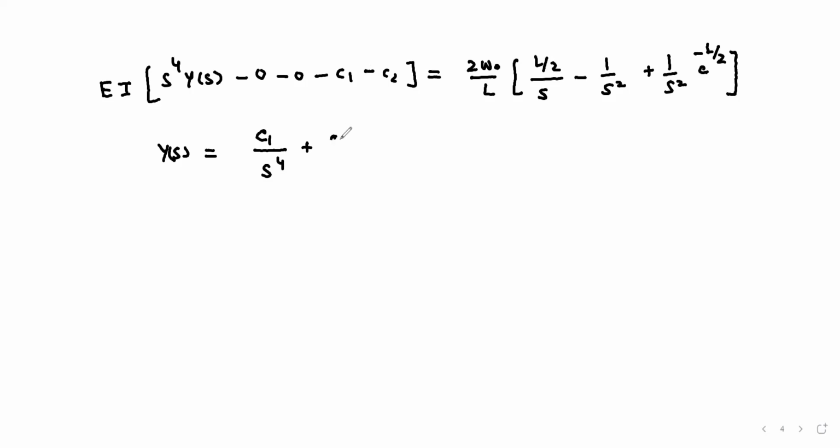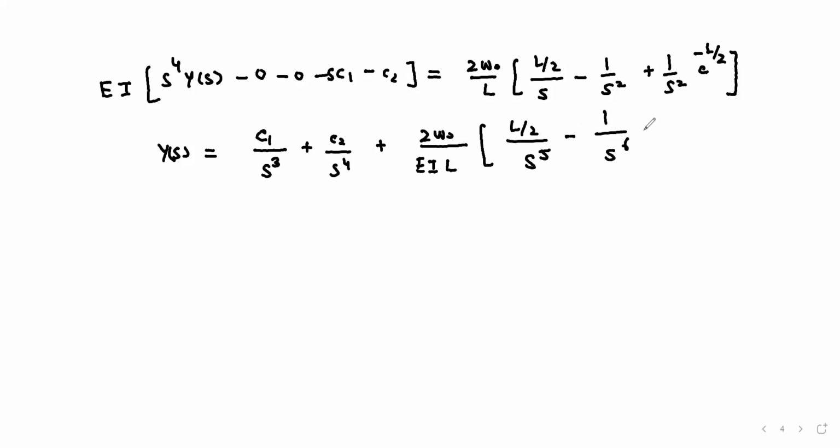Okay, students, we have c2 divided by s raised to power 4, and one thing, we also have s with this equation, so this will be equal to s raised to power 3 plus s raised to power 4 plus 2w naught divided by EIL, and then we have L by 2 over s raised to power 5, because this s and this s raised to power 4 will combine to make s raised to power 5, minus 1 divided by s raised to power 6 plus 1 divided by s raised to power 6 e raised to power minus L by 2. Okay, students.